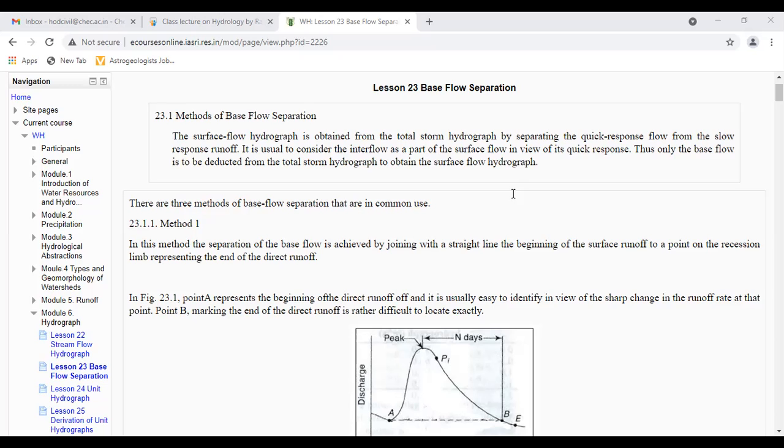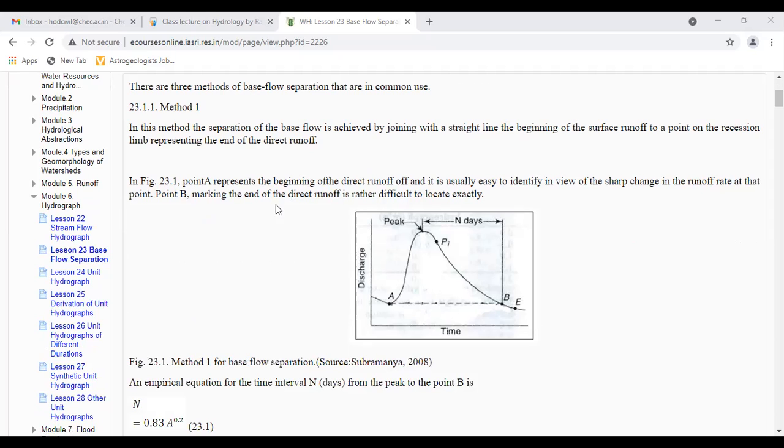Here, guys, you observe the graph. Time is taken on the x-axis and discharge on the y-axis. Here the peak and the number of days, A, B, E and P1, are in the diagram.